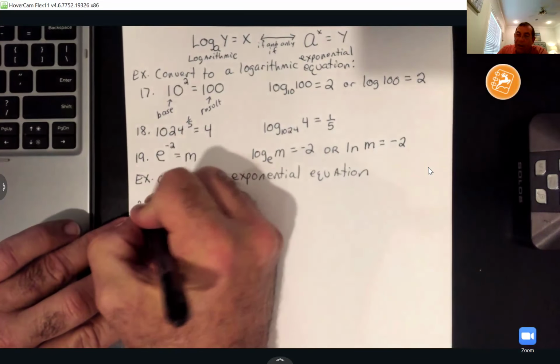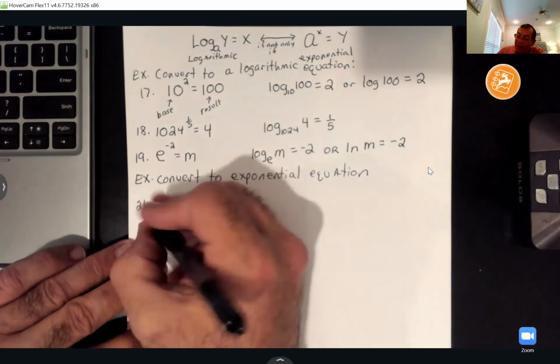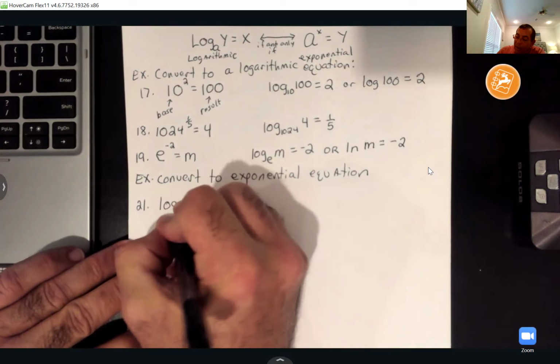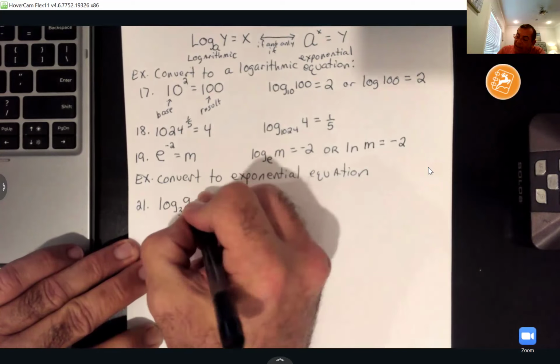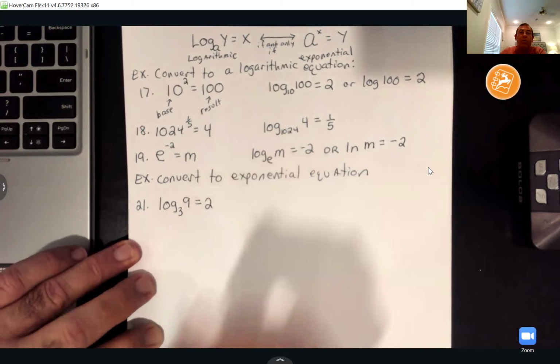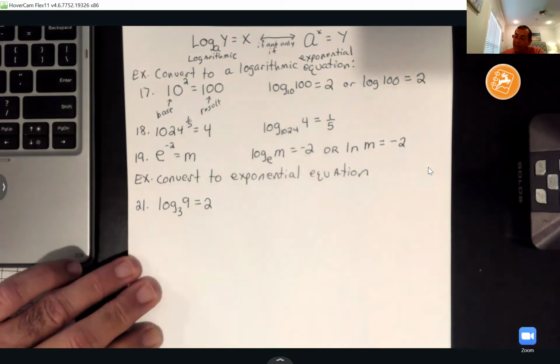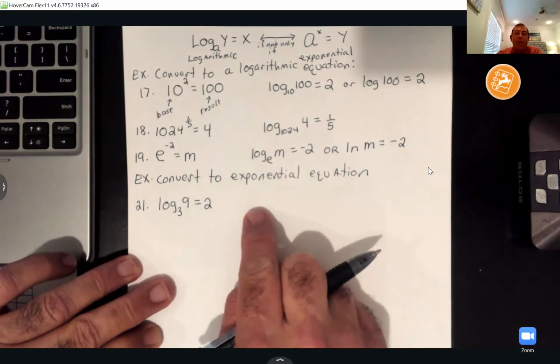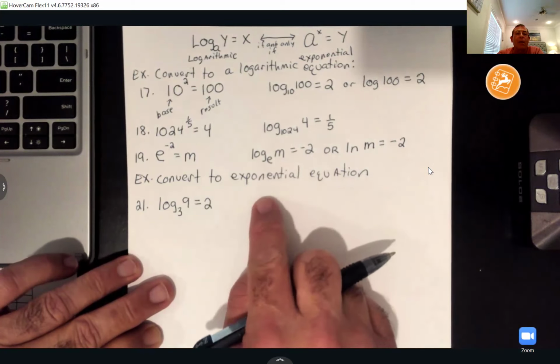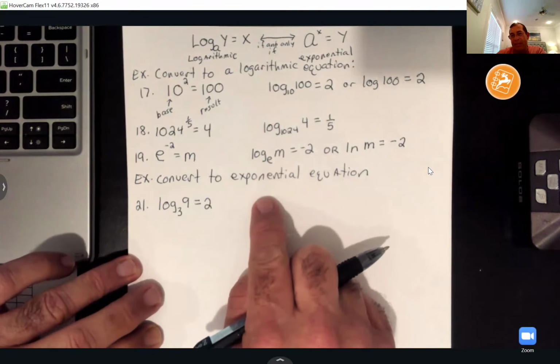All right, so these will start around 21. Log base 3 of 9 equals 2. There is my logarithmic. So we're coming up with the exponential. So what is your base?